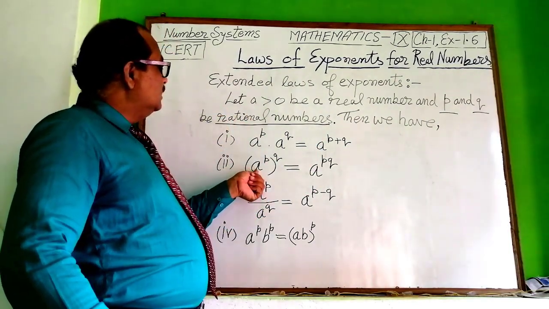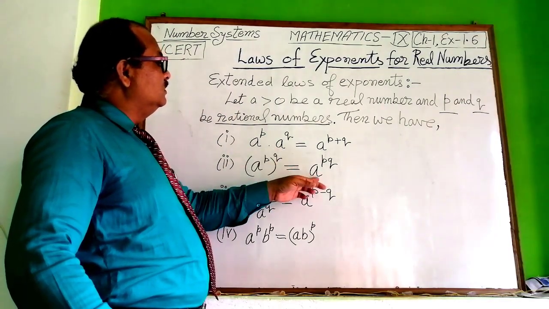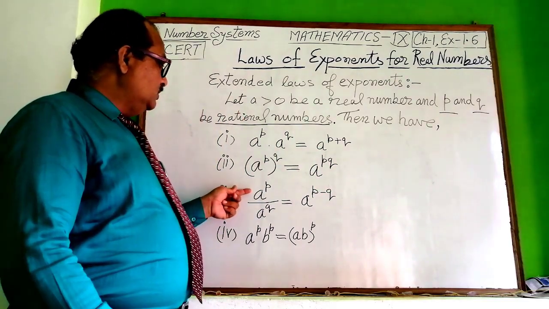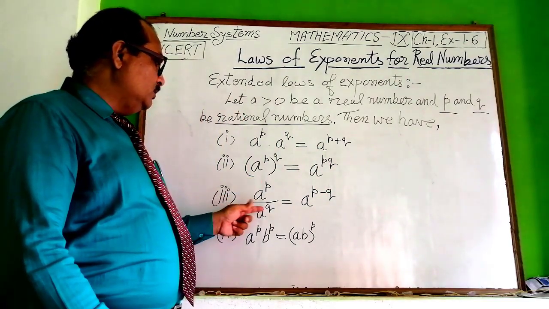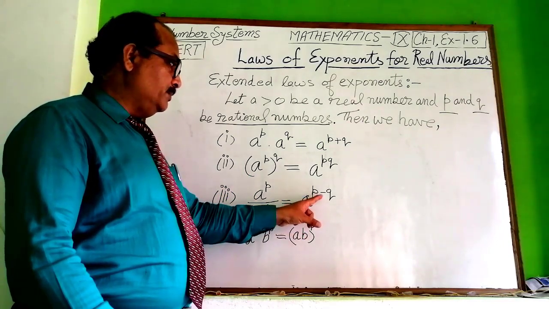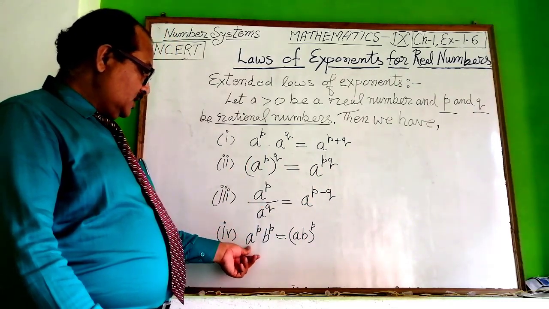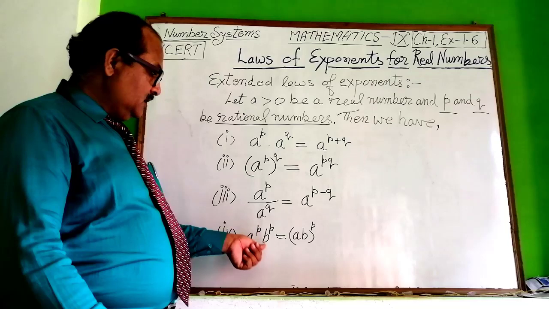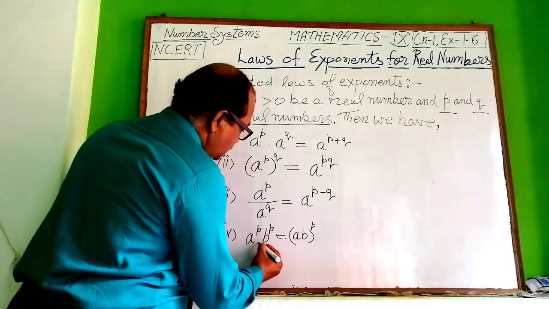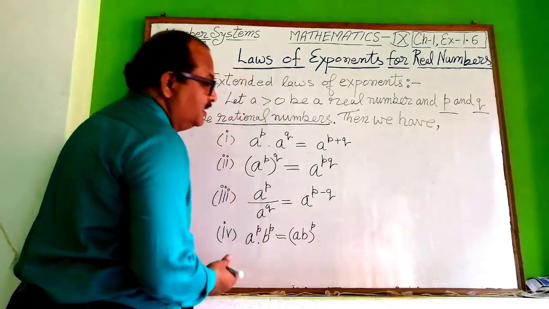Second, a raised to the power p whole to the power q is equal to a to the power pq. Third rule, a to the power p upon a to the power q is equal to a raised to the power p minus q. Fourth law, a raised to the power p into b raised to the power p is equal to ab whole to the power p.